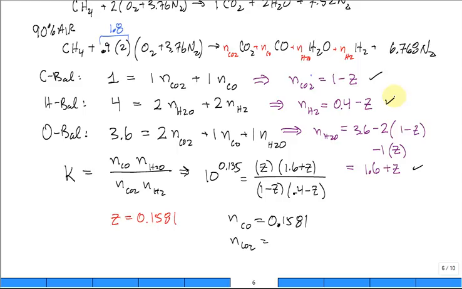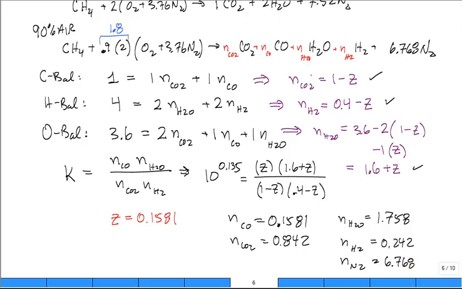Let me see if I have my notes that will give you the answers for those. 0.842. H2O is 1.758. The number of moles of H2, 0.242. The number of moles of N2, 6.768.